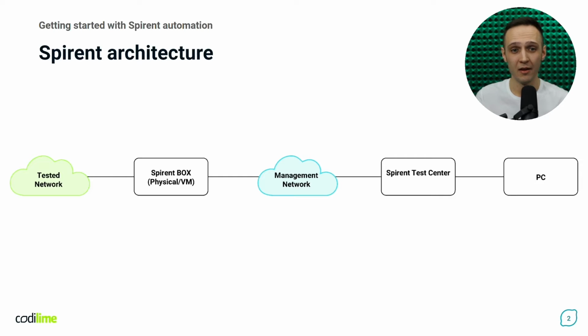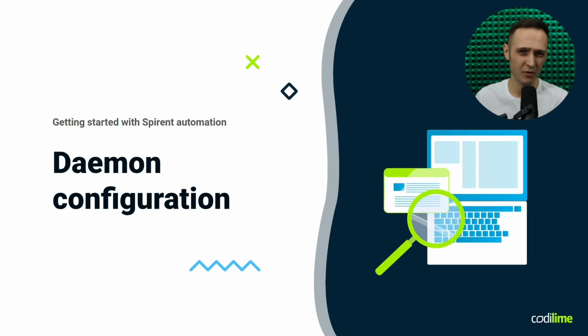Fortunately, the Spirent Test Center comes with a built-in REST API server that we can use. But before we do that, we need to configure it and enable it. So let's take a look at how we can do it.